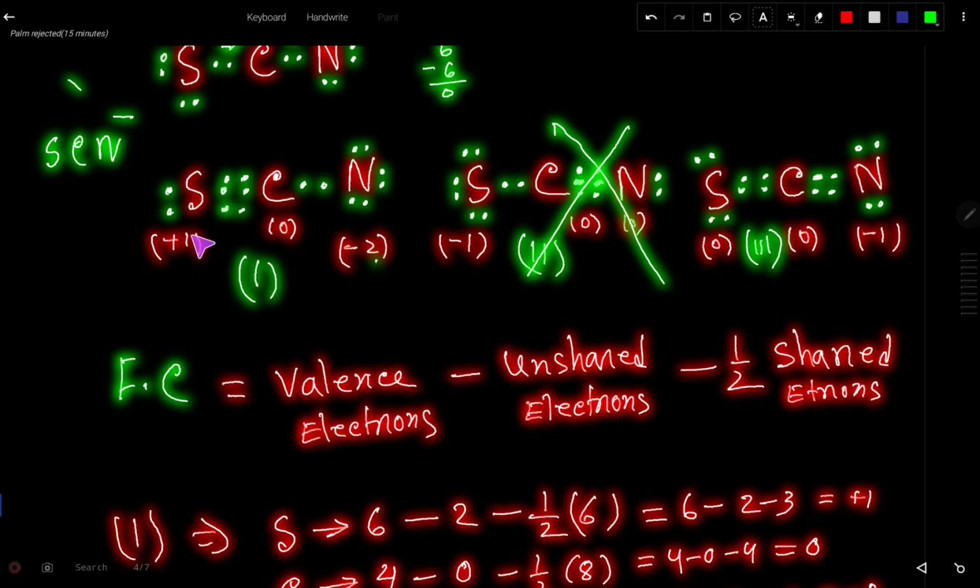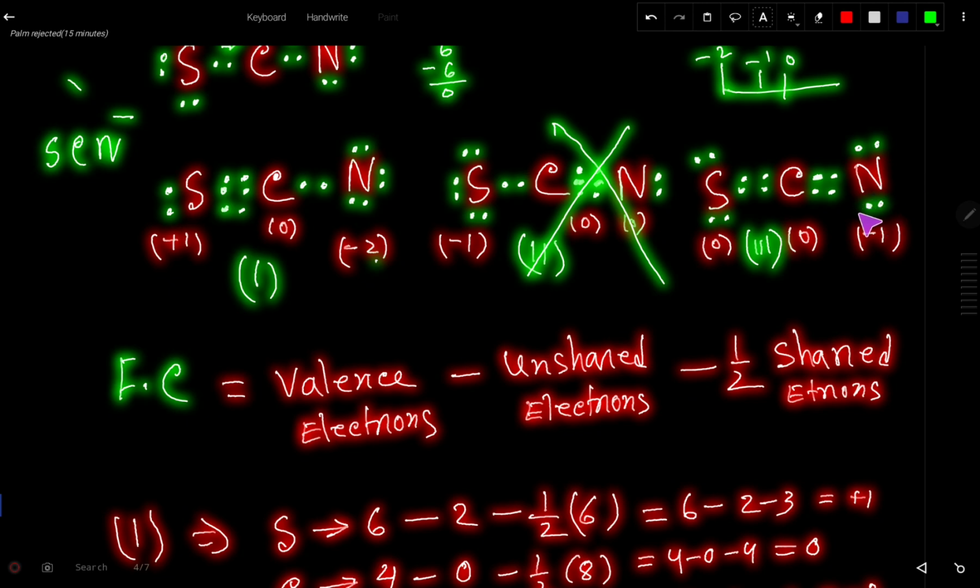So sulfur going from +1 to 0 is accepted, and for nitrogen, between -2 and -1, you know that -1 is close to 0. So we will accept this, right?